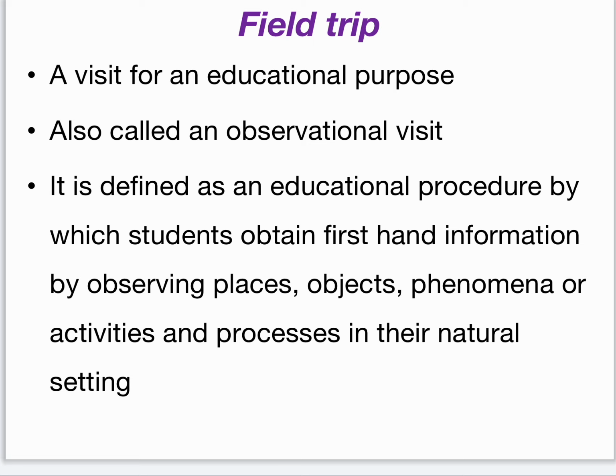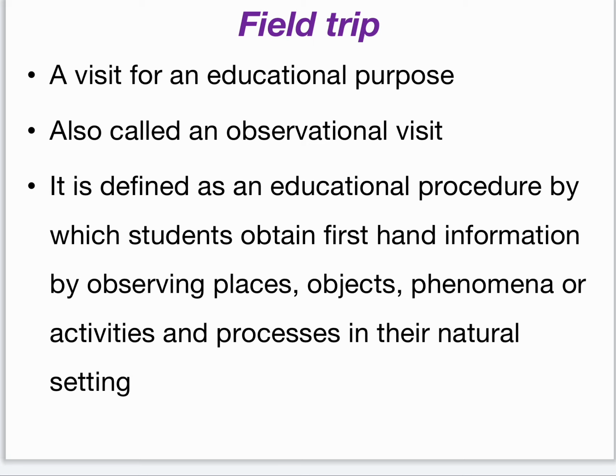So field trip, as you know, is a visit for an educational purpose, and it is also known as an observational visit. Field trip is defined as an educational procedure by which students obtain first-hand information by observing places, objects, phenomenon, or activities and processes in their natural setting.